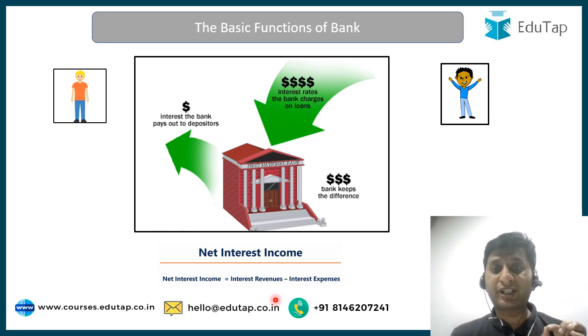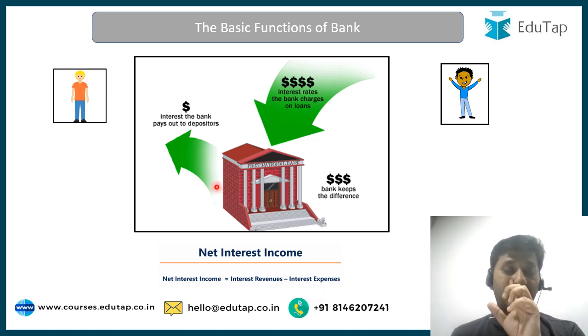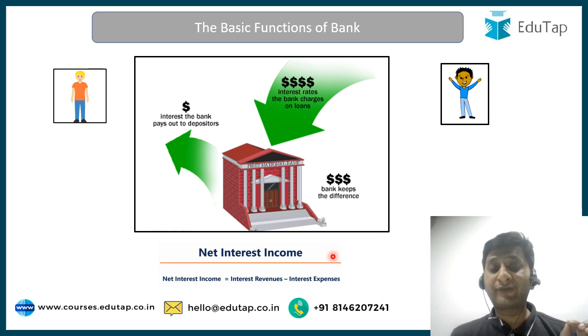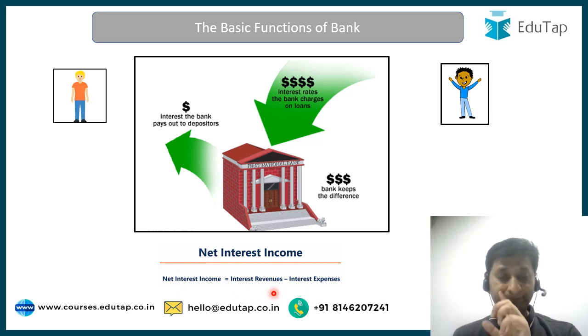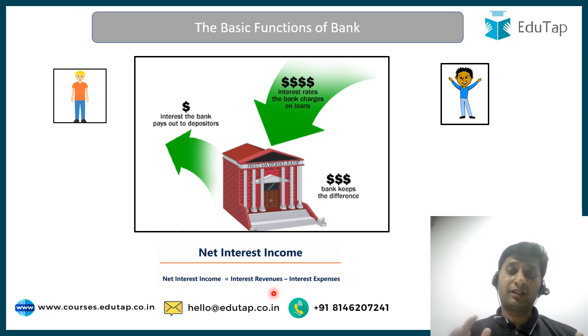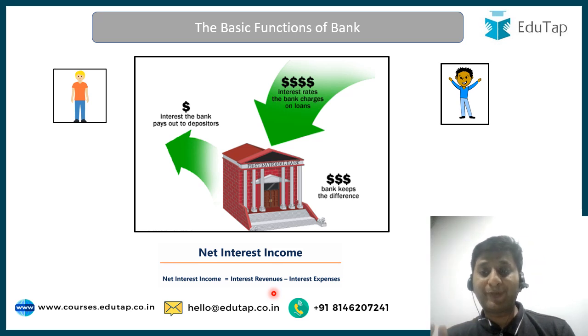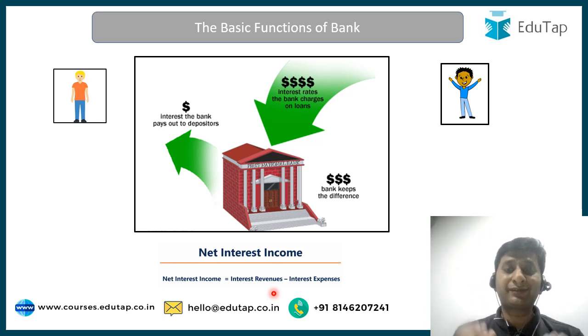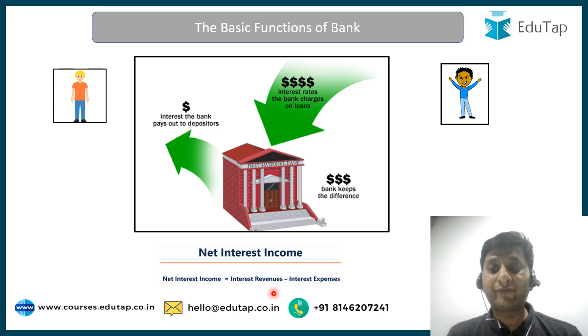What are your interest revenues from the money that has been lent by you, and what are your interest expenses? That is the interest that you are paying on the deposits. Their difference is called net interest income, and this is a very important metric for every bank. When the profitability of the bank is being talked about, net interest income is a very important factor to be seen.